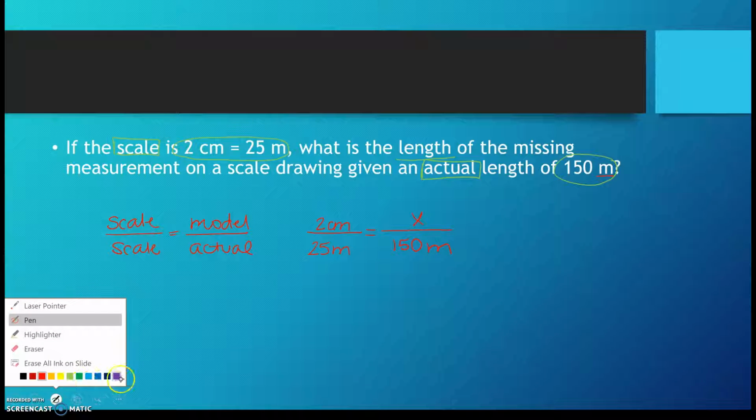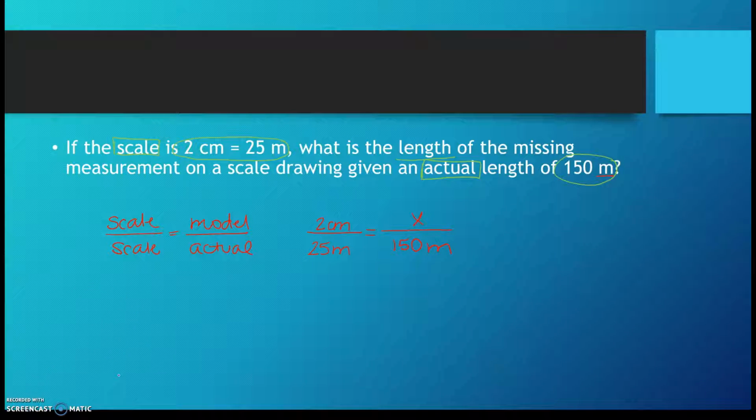You guys are pros at the rest, but we'll go ahead and do it together. To solve a proportion, we do our cross product. So this diagonal, I have 2.5x equals 2 times 150. I know 15 times 2 is 30, so 2 times 150 is 300. You always divide by the number with x, so I'm dividing by 2.5.